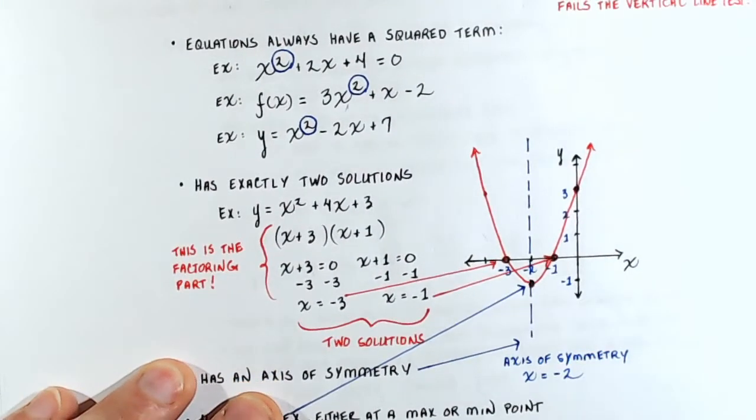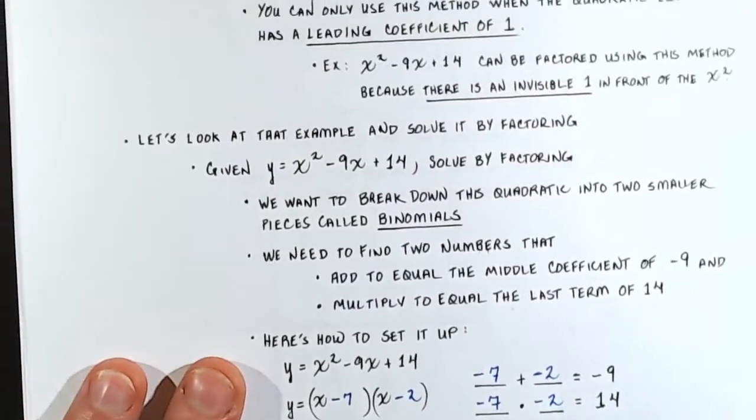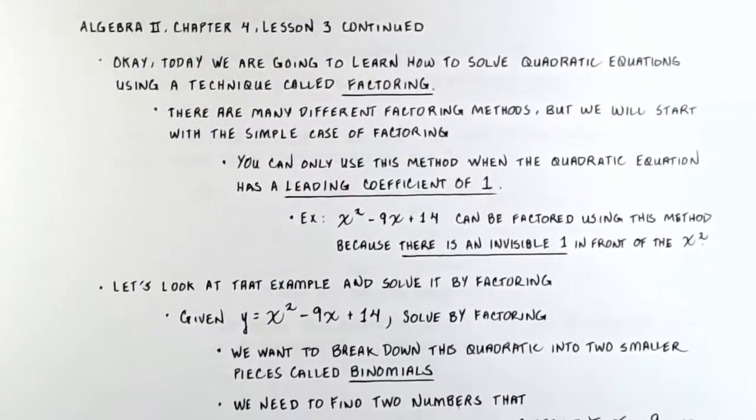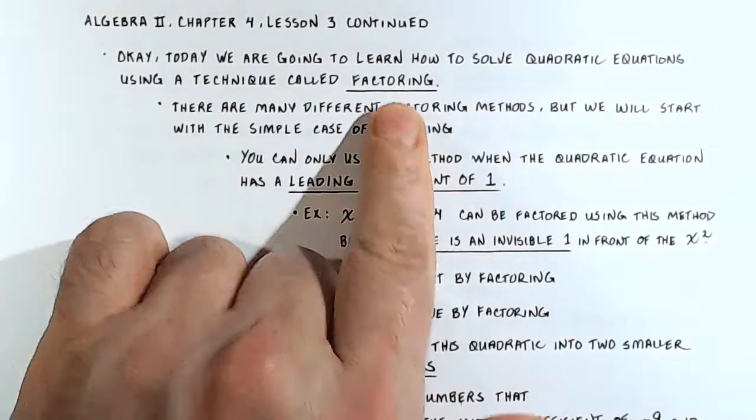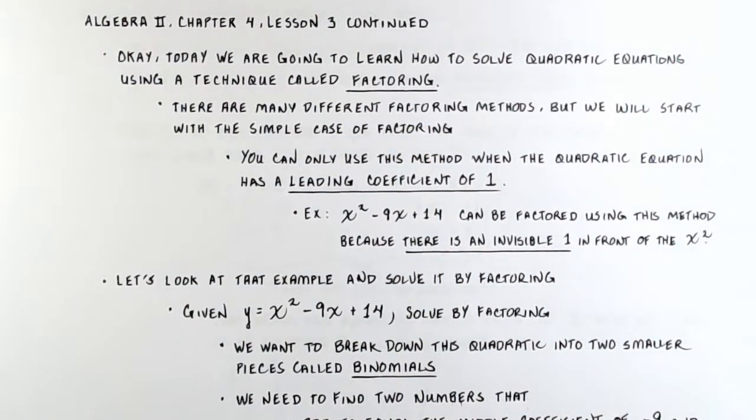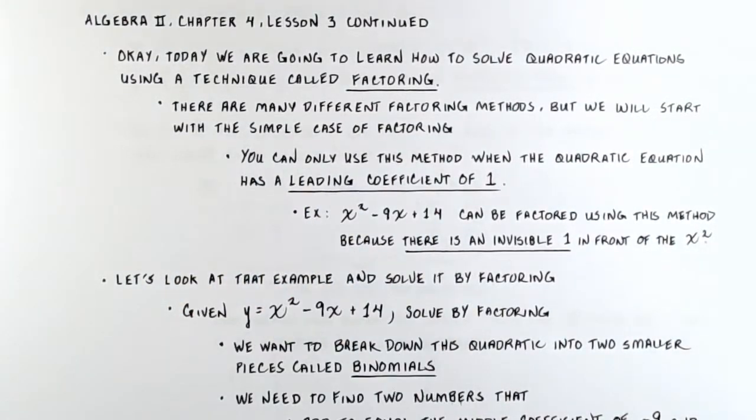Move on to the next page. Okay. Today we're going to learn how to solve quadratic equations using a technique called factoring. Now, there are many different factoring methods, but we will start with the simple case of factoring.